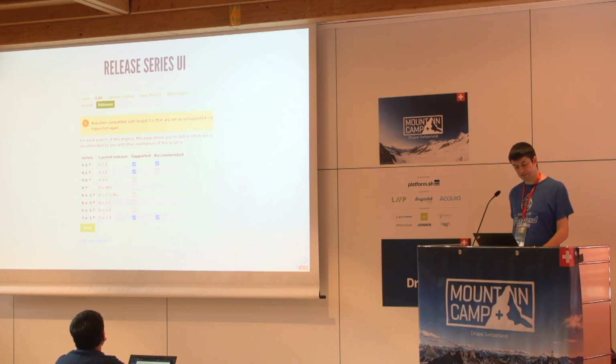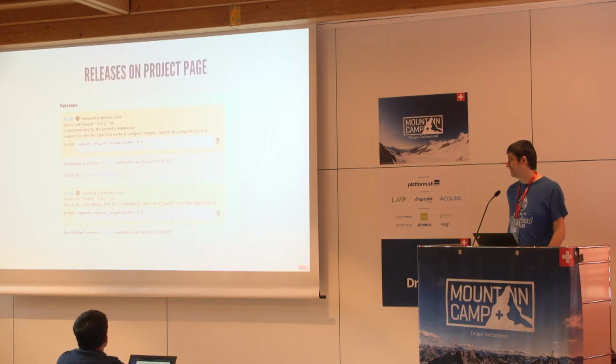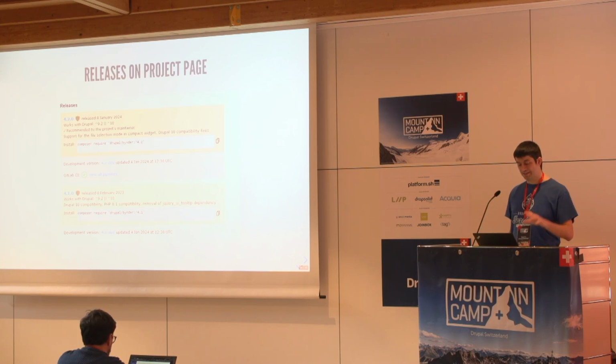So we have a 4.x branch, and then we have three minor branches, 4.0, 4.1, 4.2. 4.0 and 4.2 are supported, and 4.2 is recommended. That then results in this display on the project page. We have the recommended version in green, and below is the yellow version that's still supported but not recommended.